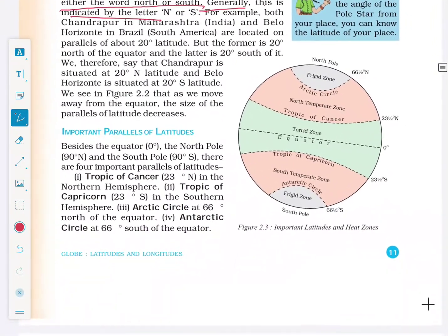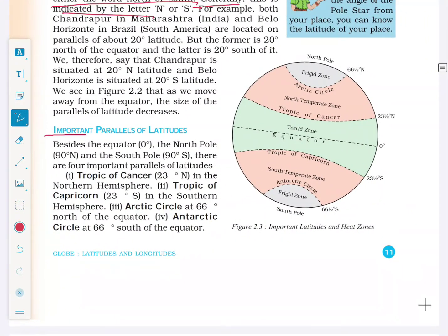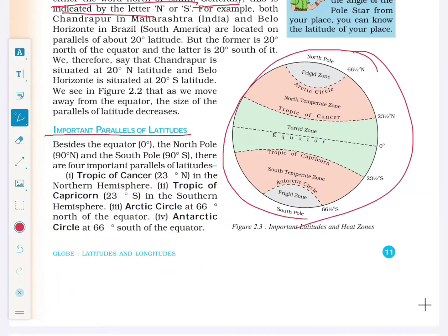Coming to the next important point in this chapter, important parallels of latitude. As we can see in this diagram, besides the equator, the north pole and the south pole, there are four important parallels of latitude.